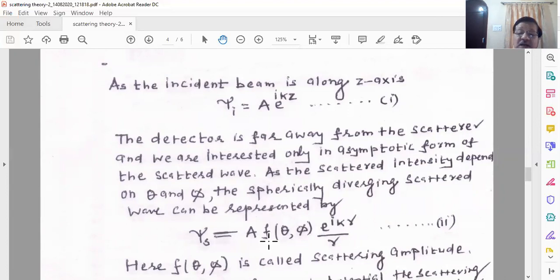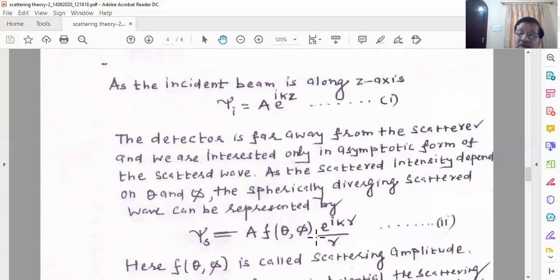This wave is a spherical wave which is scattered and diverging in a radially outward direction, in the r direction. And we want to detect this wave at a very large distance.